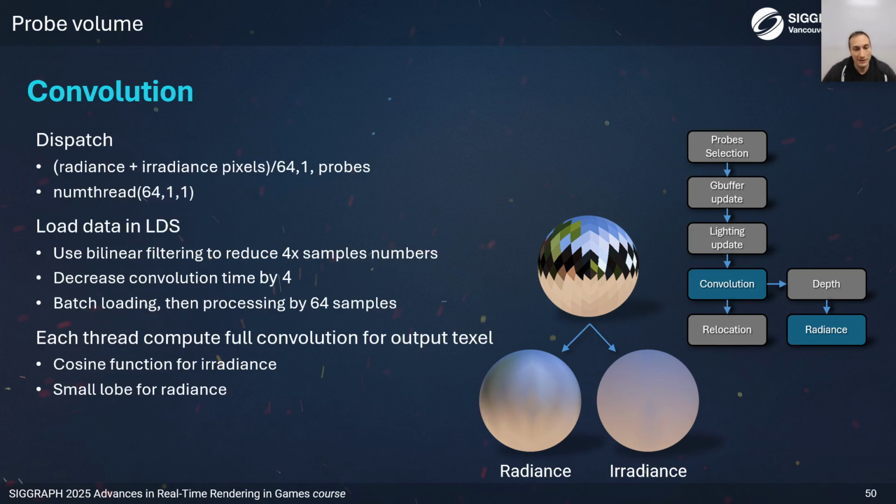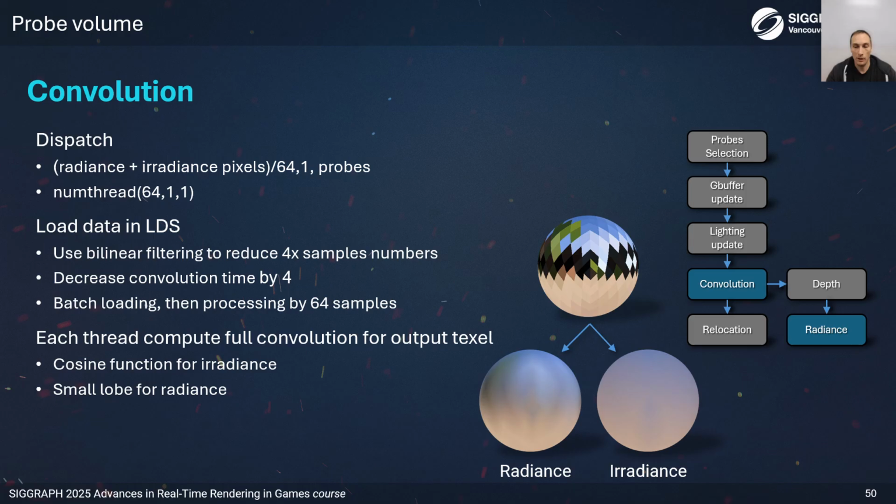To optimize the convolution shader, each thread group is going to compute the result for one probe, and each thread is going to compute the convolution for one pixel of the output probe. While doing so, we first let all the threads participate in loading the probe pixels into the LDS shared memory.